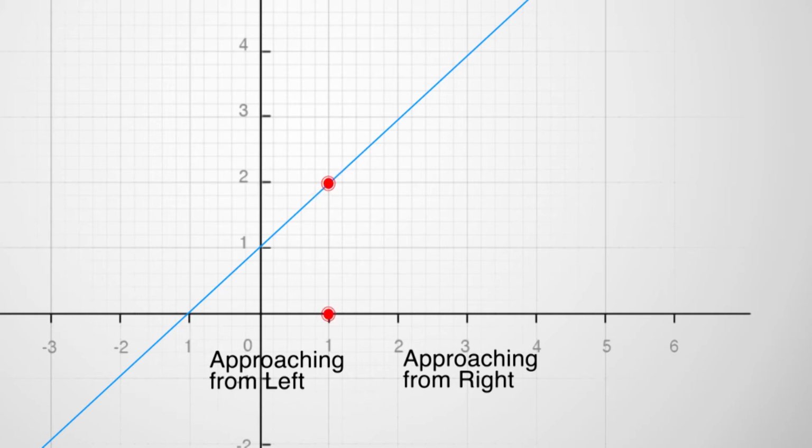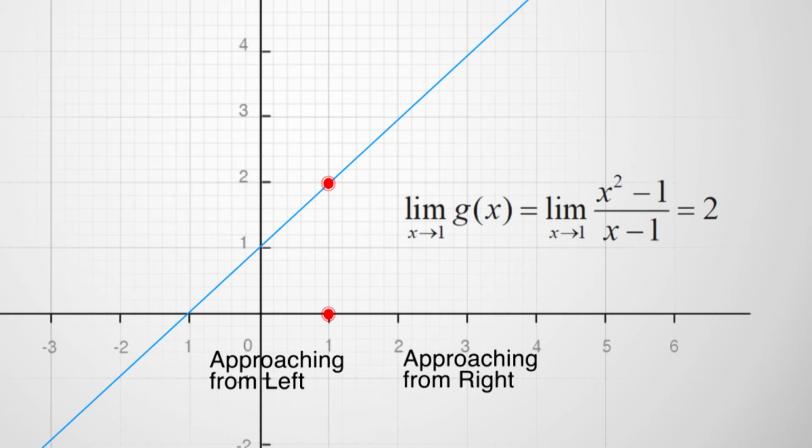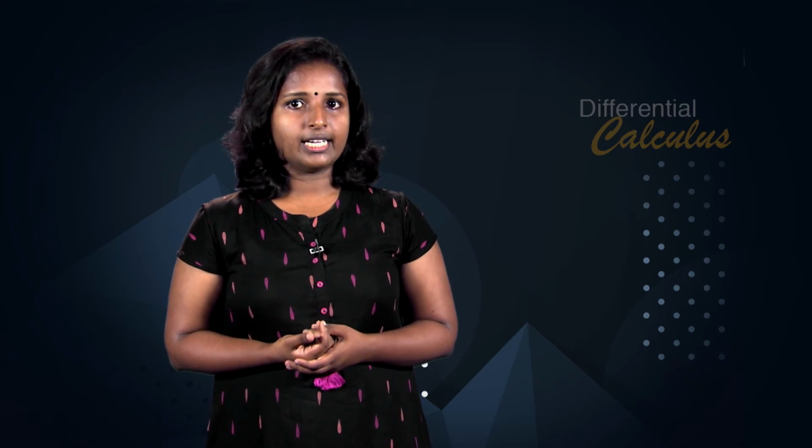We denote this by writing limit of g(x) as x approaches 1, equal to limit of (x² − 1)/(x − 1) as x approaches 1, is 2. Here we note that even if g is not defined at x = 1, the behavior of g near x = 1 is that g values approach 2.